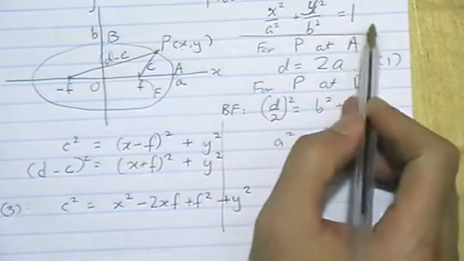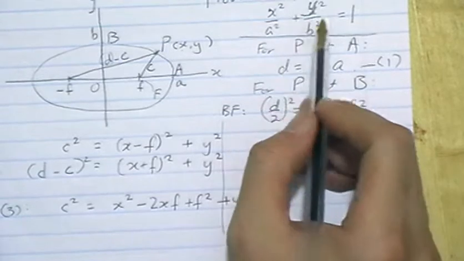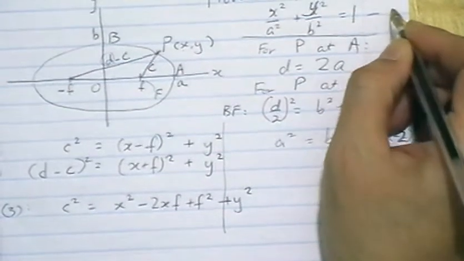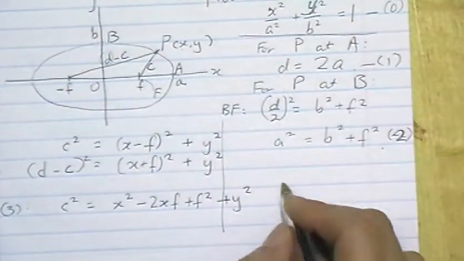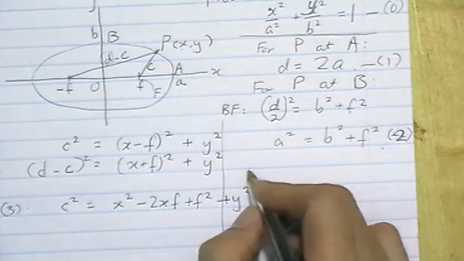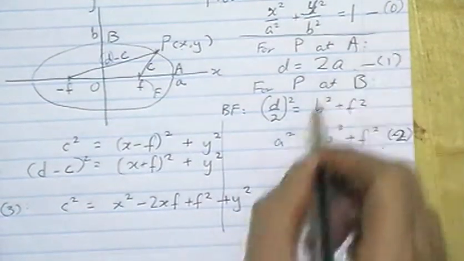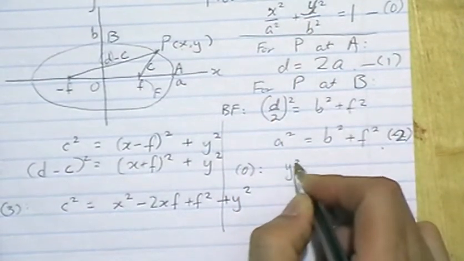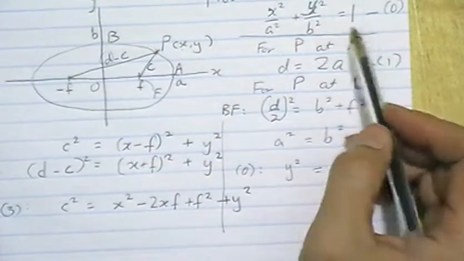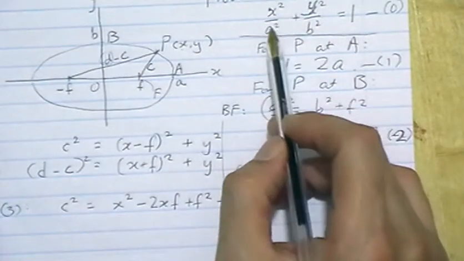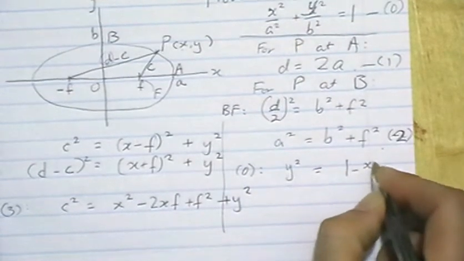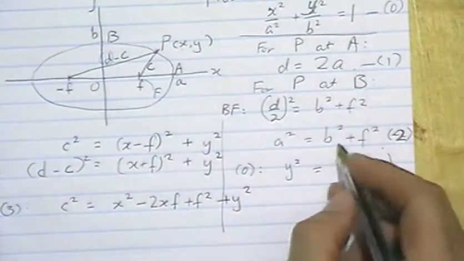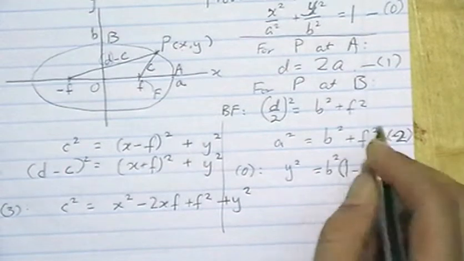Now this equation, if I rearrange to make y squared the subject, I'll call that equation 0. So from equation 0, if I make y squared the subject, this is what I'll get. y squared equals, I'll bring x squared over a squared to the other side to get 1 minus x squared over a squared, and then times b squared.